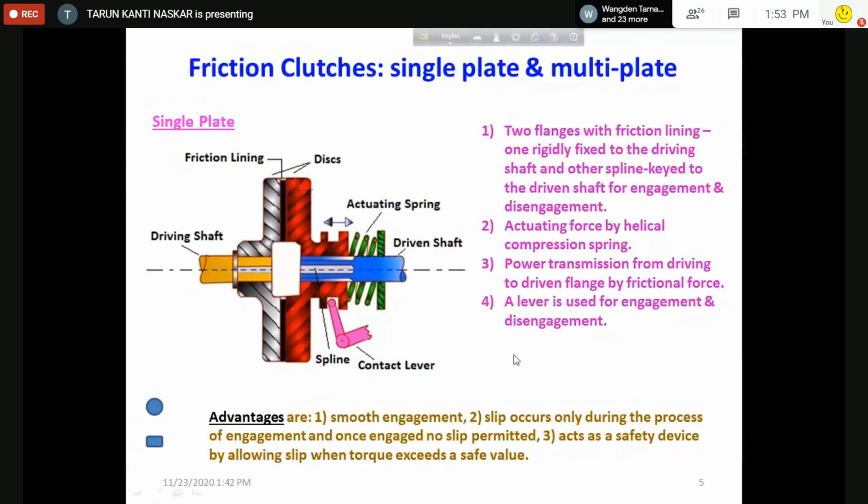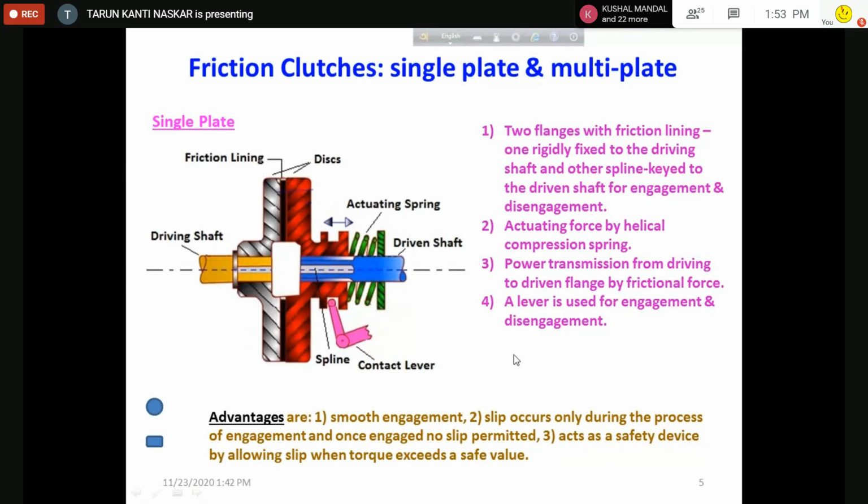That means suppose it is made for a particular torque. Say there is overloading on the driven shaft. When there is overloading, the arrangement is such that there will be slip. That means it won't allow the overloading, so there will be slip when there is overload.